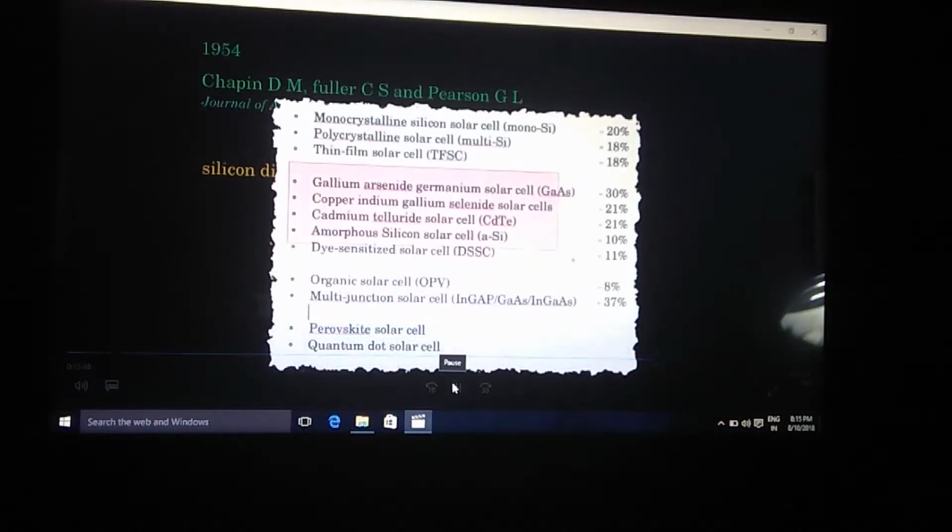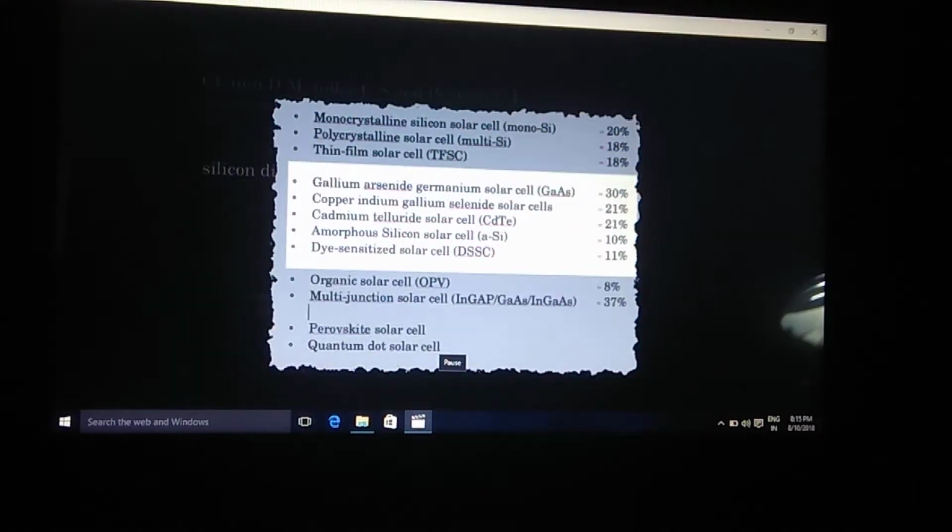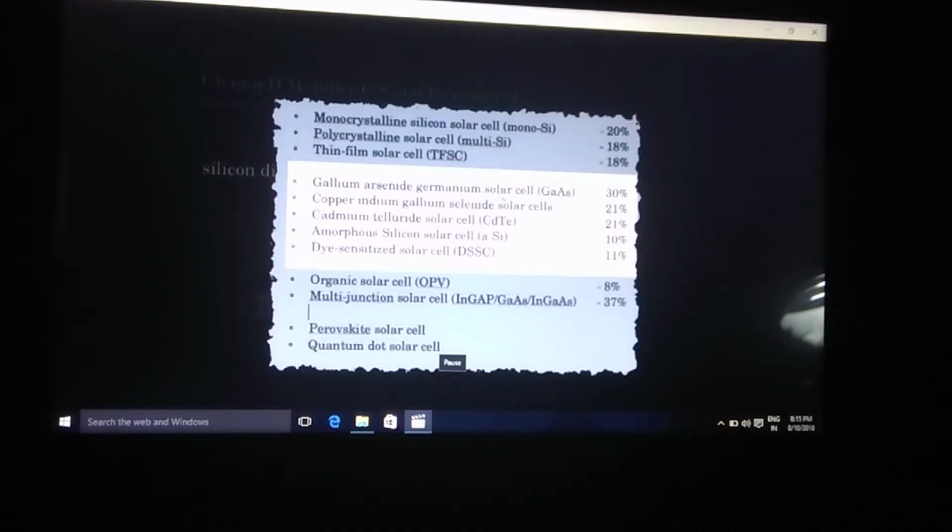Another group of cells here are at the research level, not in commercial installations. Gallium arsenide germanium solar cell having efficiency of up to 30%. Copper indium gallium selenide solar cell, 21% efficient. Cadmium telluride solar cell, again 21%.